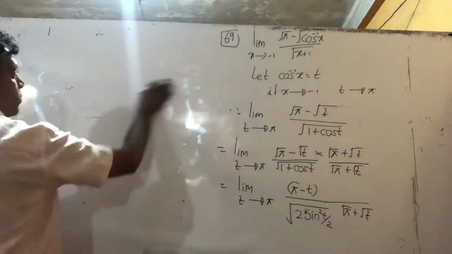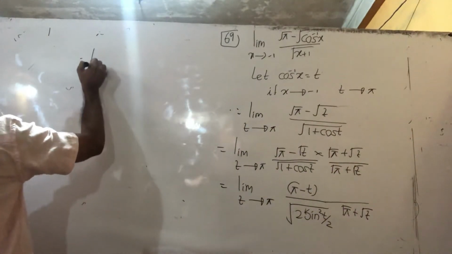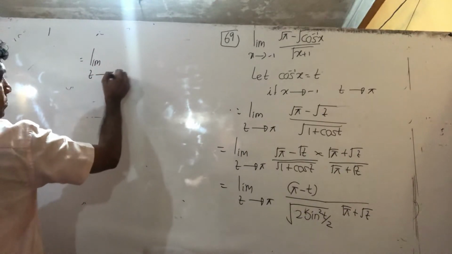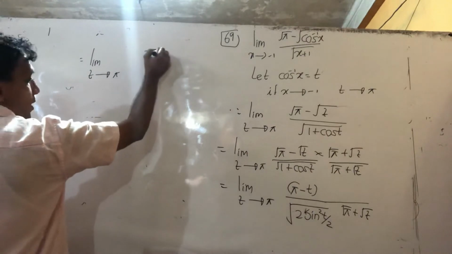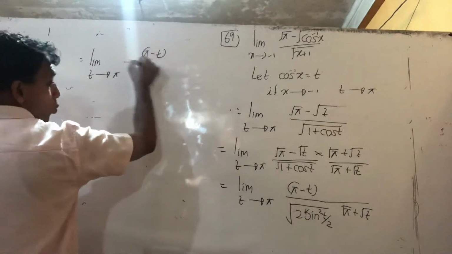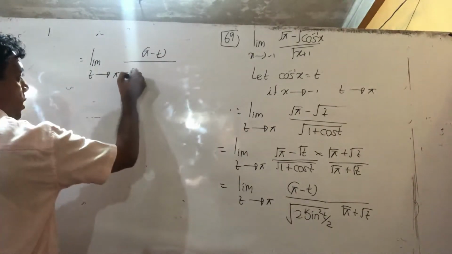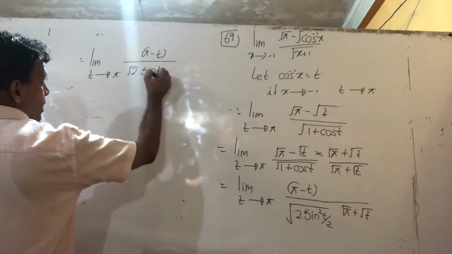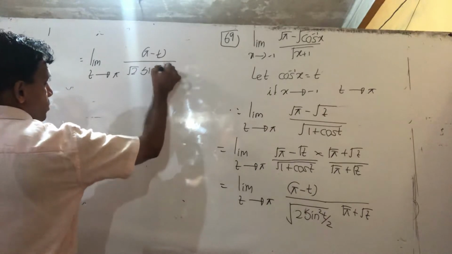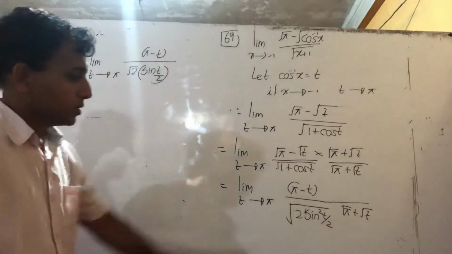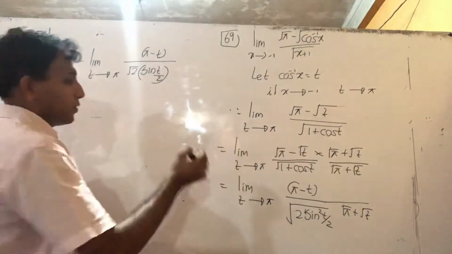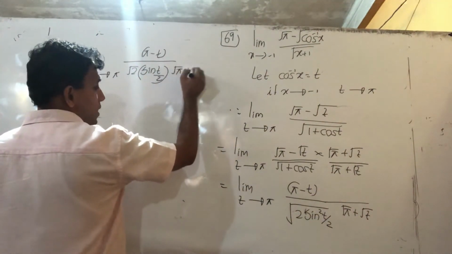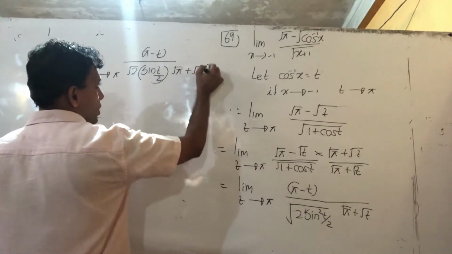So at the remaining part, therefore limit t approaches pi, pi minus t over square root of 2 sine t by 2, sine t by 2. That side, square root of pi plus square root of t. Okay.